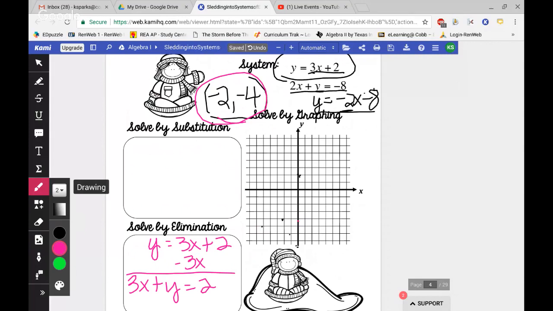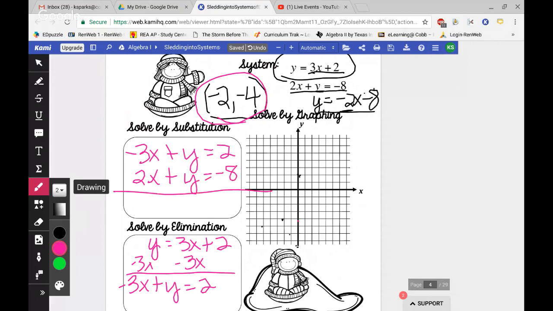Okay? Wouldn't it be a -3x? Yes. Sorry. Good job. So -3x plus y equals 2. And then we've got 2x plus y equals -8.